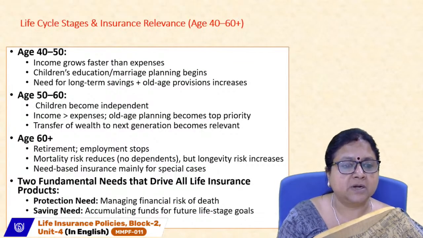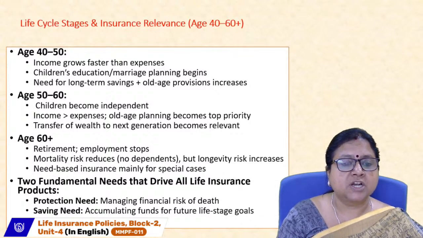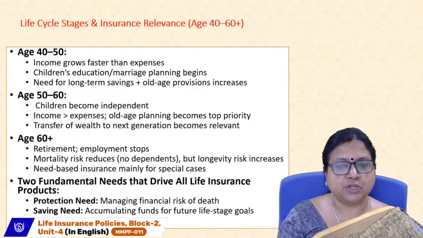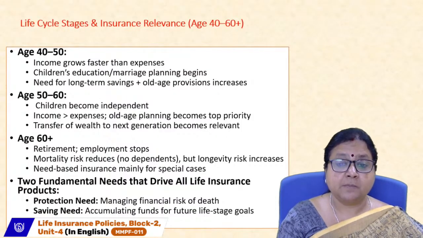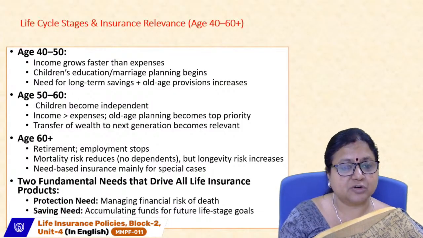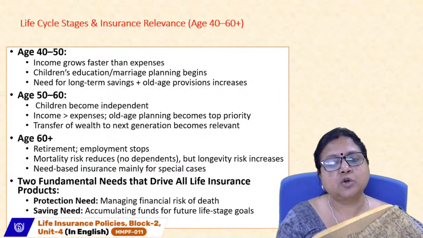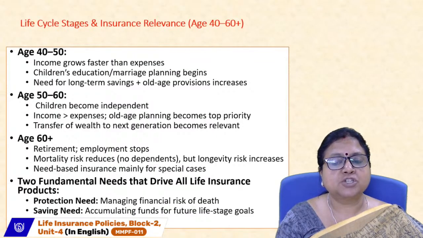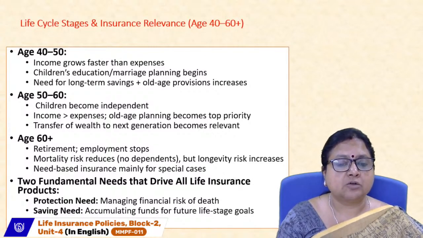Then post retirement, at 60 plus, employment stops, and the mortality risk reduces because there are no dependents upon you, as your children have already settled in their lives. But yes, longevity risk increases. Suppose you do not die before the age of retirement, at that point of time your longevity risk increases. So here also, need based insurance can be availed from the insurance companies.